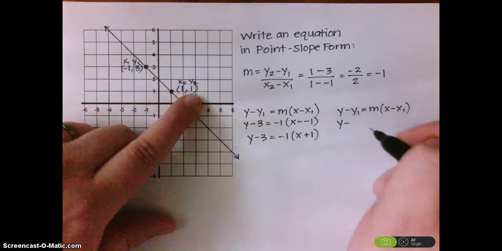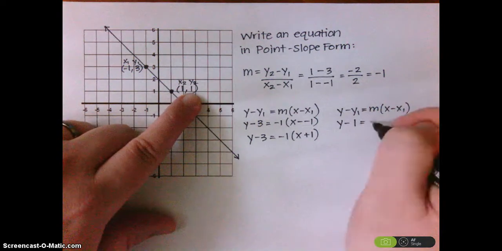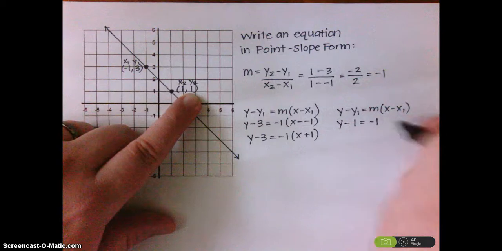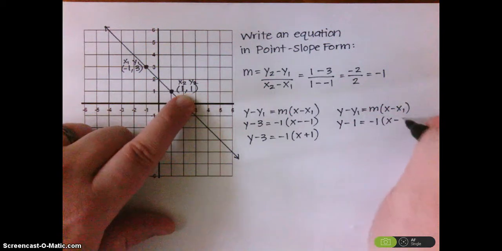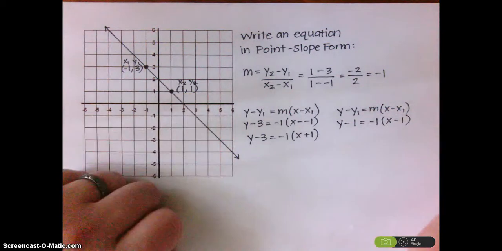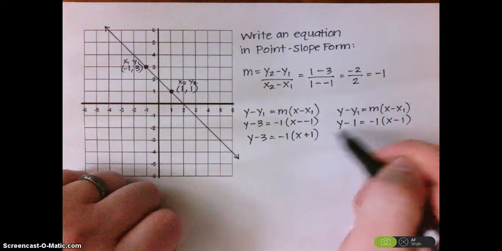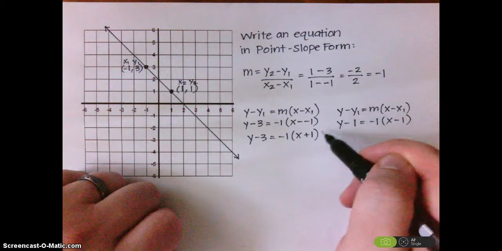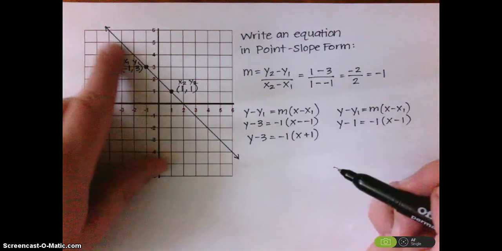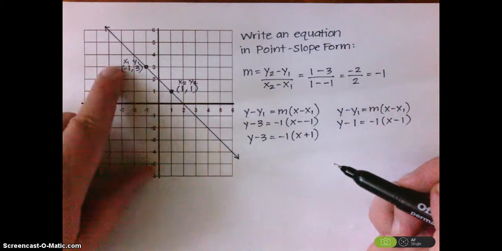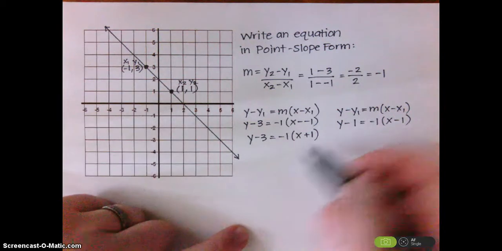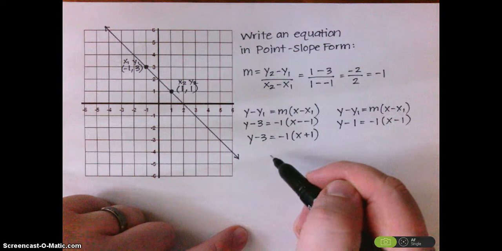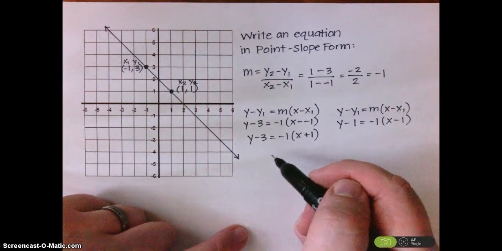Y minus 1 equal to, the slope is negative 1 times x minus 1. I don't know. These are not looking the same. Okay, they should be, because it should just be the same equation of a line. So why don't I try to keep cleaning these up and see if when I write them in slope-intercept form, if they are equivalent.